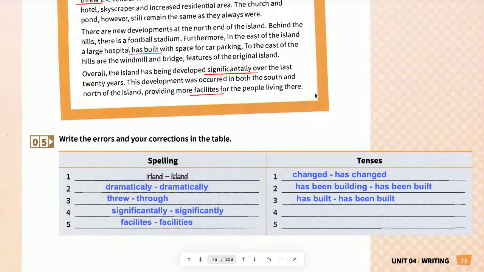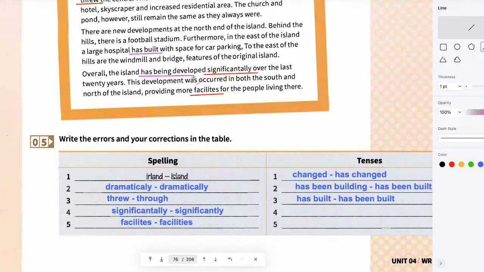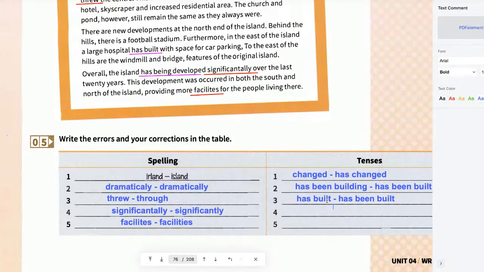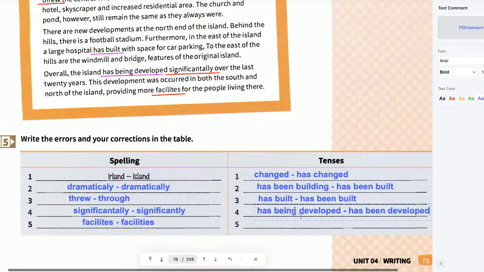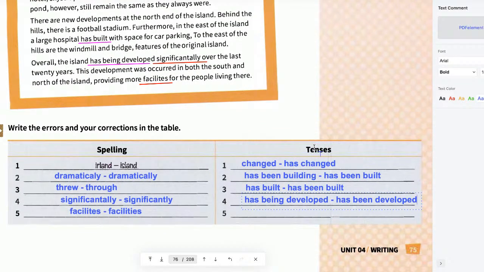We don't have anything like "has being," right? "Overall, the island has being developed." No. So how can we fix this? "Has been developed," yes. So "has being developed" is wrong. We replace that with "has been developed." Okay?